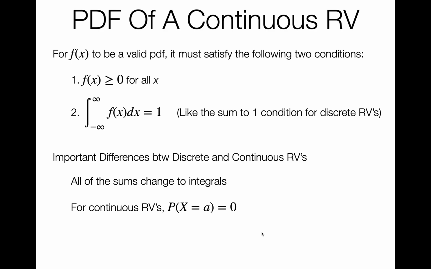Now, there's a difference between this 0 and not possible. The probability that it happens is 0, but that's different from being not possible. So it is possible for me to run a marathon in 5 hours exactly, down to an infinite level of precision.